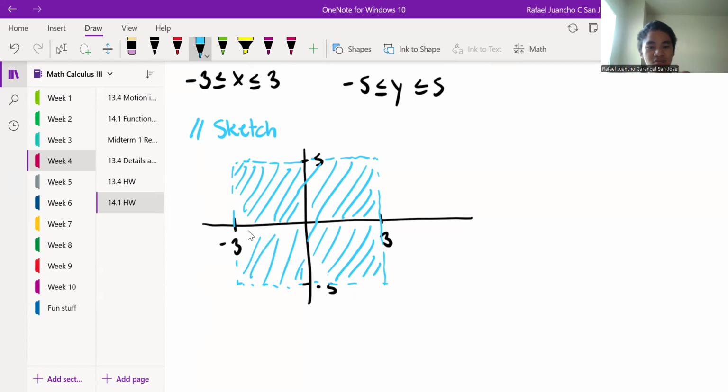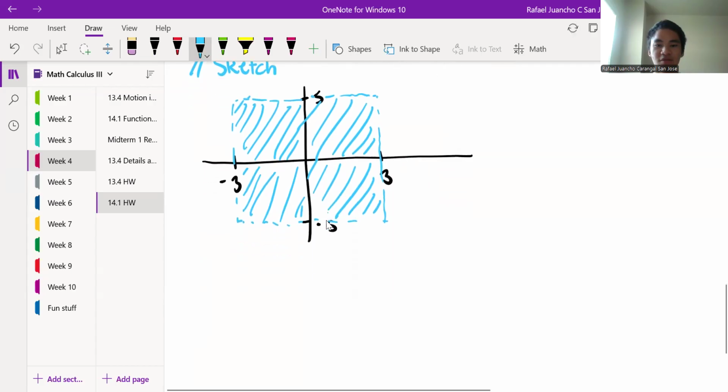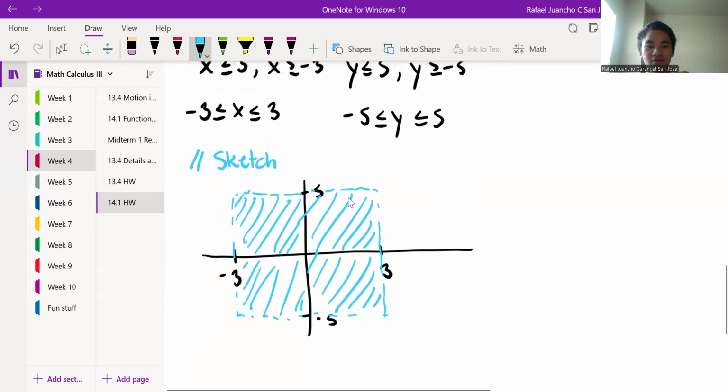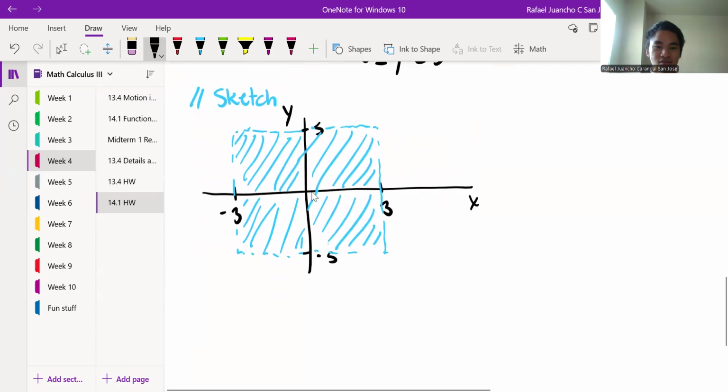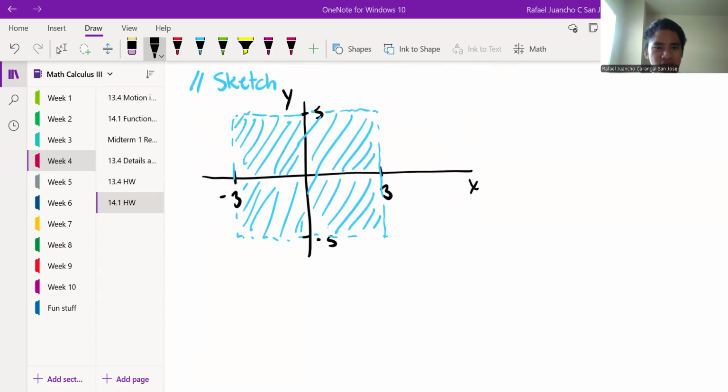So this is my entire domain. Something in between for my y value, I forgot to add that. So here we're in the xy plane. Our y value is in between -5 and 5 inclusive, as well as our x is in between -3 and 3 inclusive. So yeah, let me see if we get that.